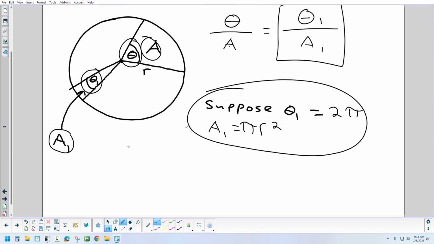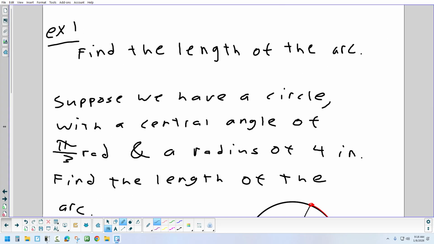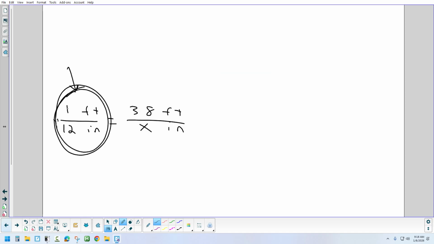The left side, we don't know. That's what they give you in the word problem. And the right side, that's what we're going to figure out. So we have theta 1 is 2 pi. And that's not the only fact you could use, right? If you knew the area of a quarter circle off the top of your head, you could have used that. Just like with 1 foot equals 12 inches, you could say 1/4 of a foot is 3 inches.